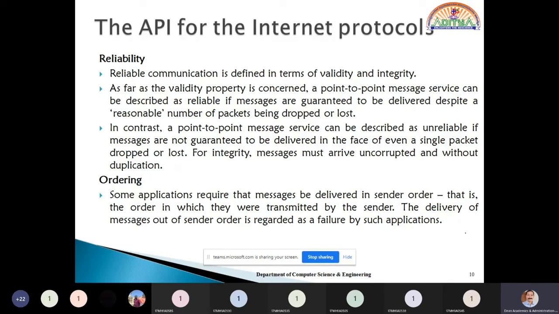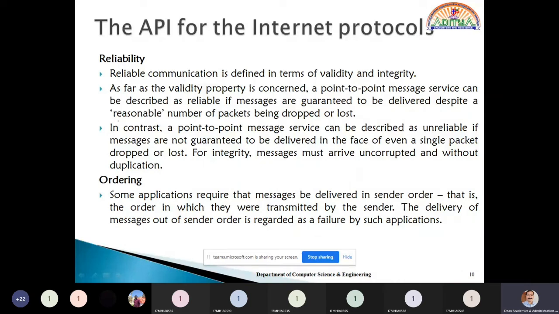The communication should guarantee that there will be minimal loss of packets. Ideally, no packet should be dropped or lost, and then you will say that it is completely reliable.